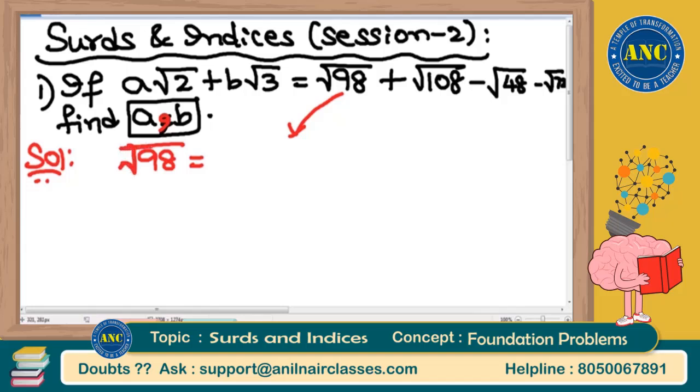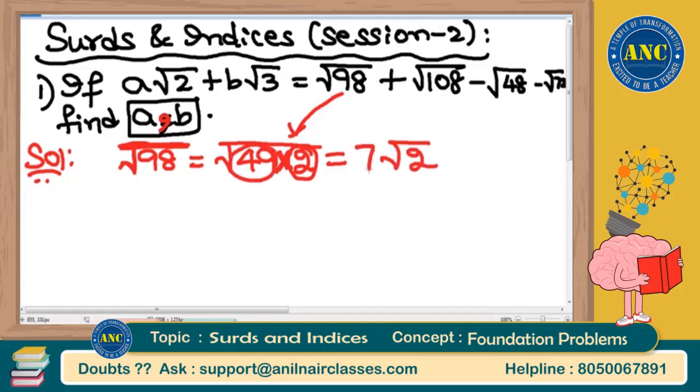Because it is a square root, inside the root try to express it with a perfect square so that it cancels and you get a whole number. 98 is 49 into 2. 2 is not a perfect square, that is okay, I will keep root 2 as it is, but root 49 is a perfect square, so at least one term comes outside as a whole number. So root 98 is 7 root 2.